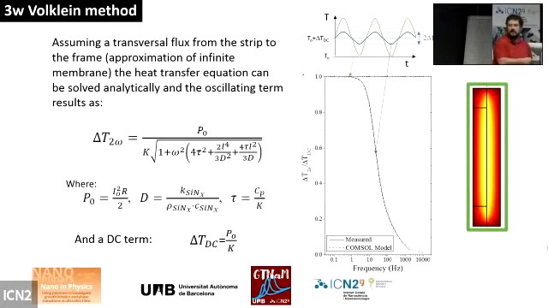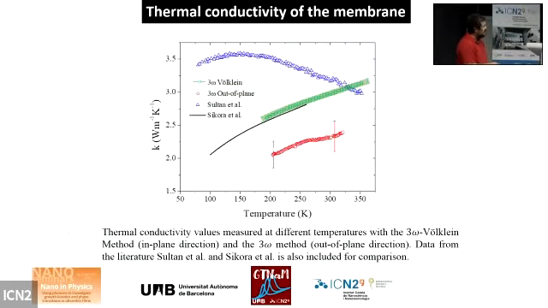At 0.9 Hertz, we are heating and cooling down, and we let the system arrive at thermal equilibrium at all moments. It means that when we release all the power, the temperature of the membrane is the temperature of the frame.